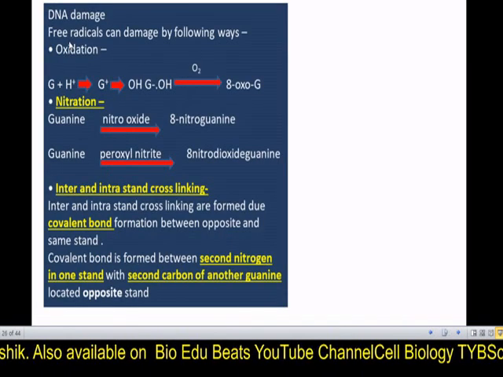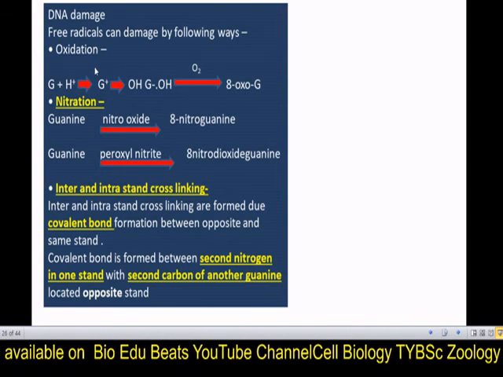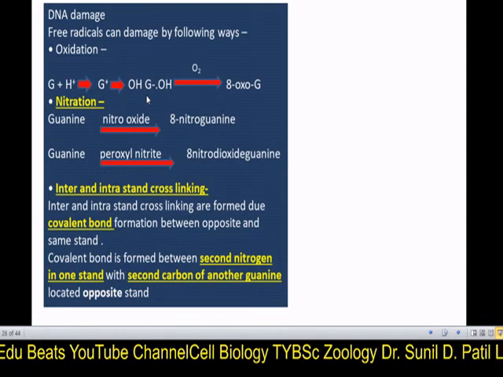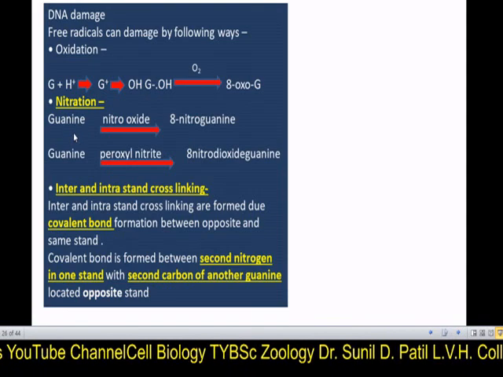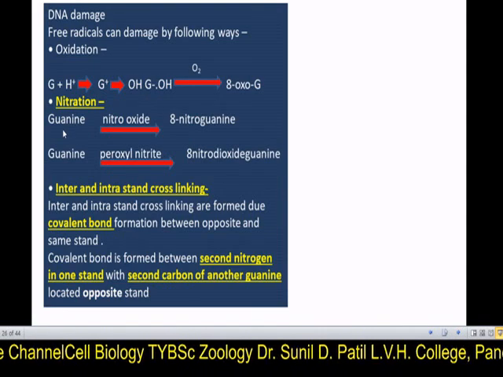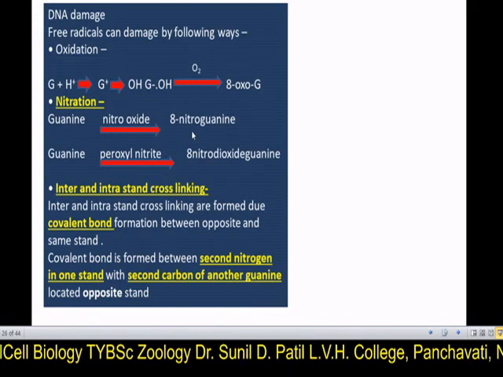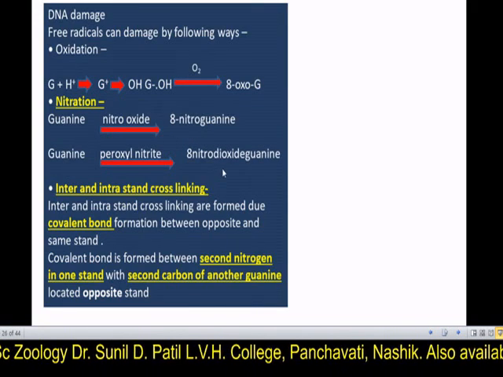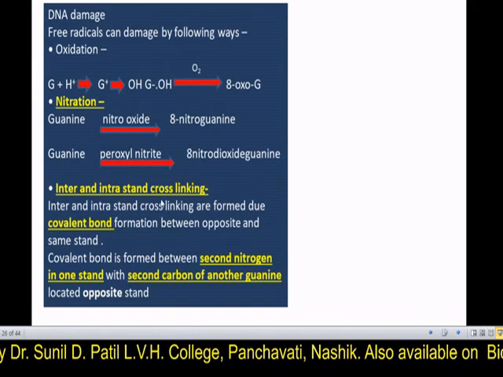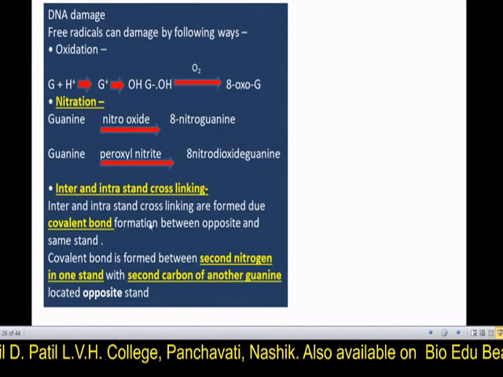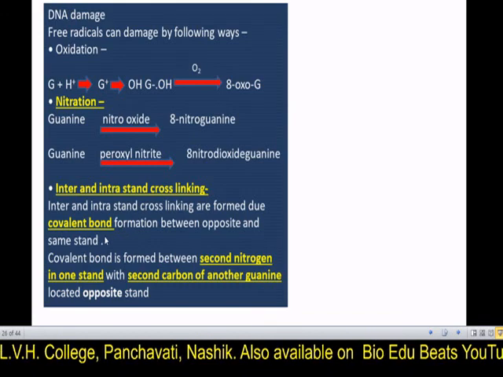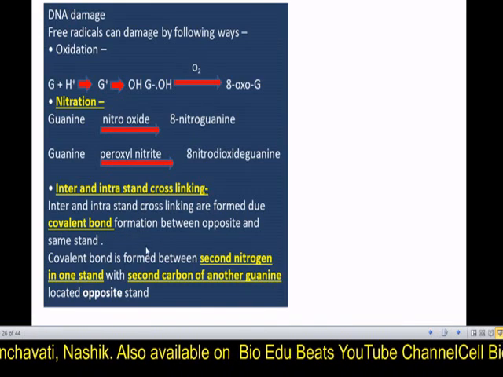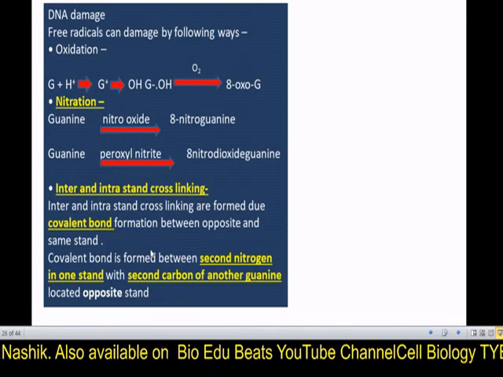DNA damage: free radicals can damage DNA in the following ways. The first way is nitration, guanine into 8-nitroguanine, guanine into 8-nitrooxoguanine. So inter- and intra-strand cross linkages are formed, due to covalent bond formation between opposite or same strand DNA strands.